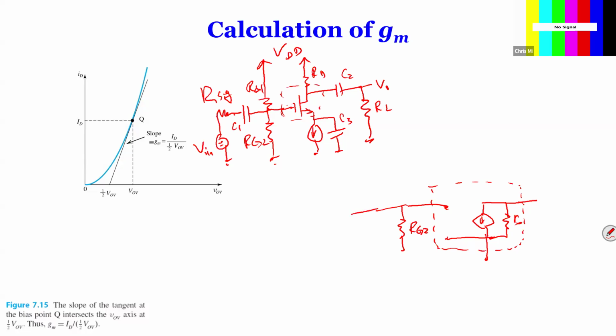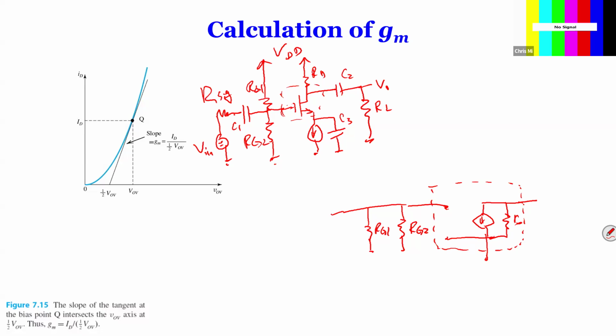How about RG1? Also, small signal superposition, so it's just another resistor. RG1 is connected to a voltage source, and a voltage source is a short circuit for AC, which is ground. So RG1 also goes to ground. You have CC1 here too, so we can put CC1 here.